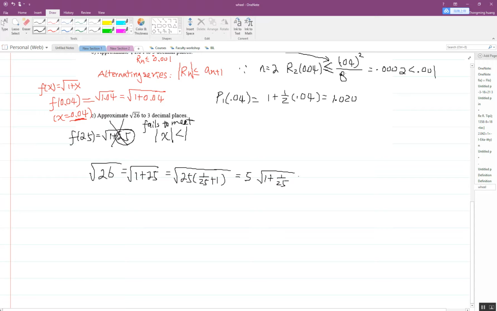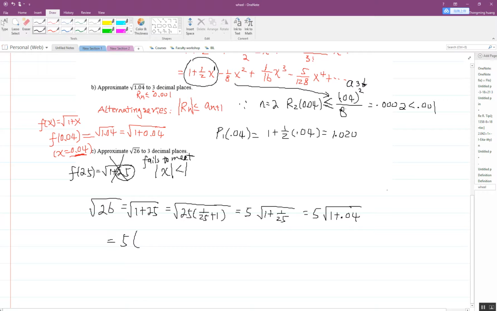And what is 1 over 25? It's 0.04. So 5 times the square root of 1 plus 0.04. Your alternating series should be 5 times, and we actually have the results above right here, so let's use that.